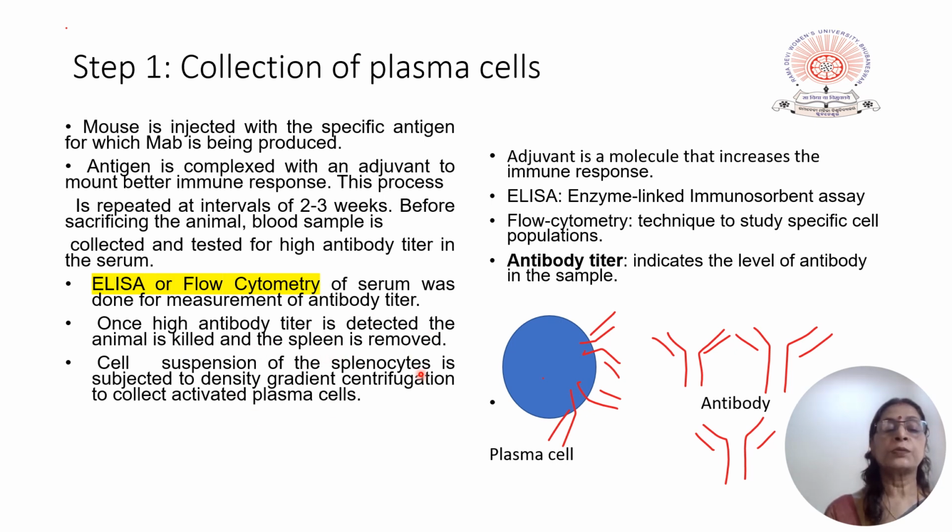The spleen is subjected to density gradient centrifugation, and the splenocytes release the activated plasma cells, and these plasma cells are collected. The plasma cells are capable of secreting the antibodies. These are HGPRT positive and immunoglobulin positive, meaning they can produce immunoglobulin and they have a functional HGPRT gene.